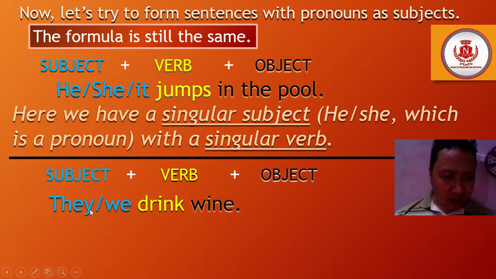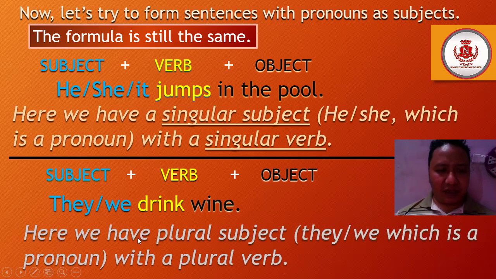But in this case, we have a plural subject, so the verb also has to be plural. That means a word without an S. We drink wine. Here we have plural subject we, which is a pronoun with a plural verb. Understand?